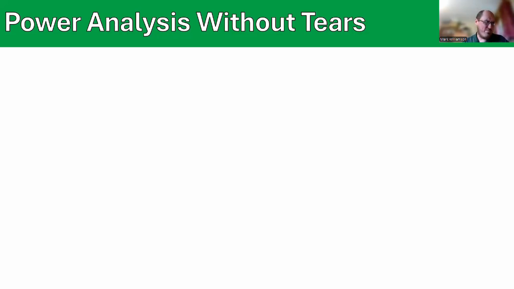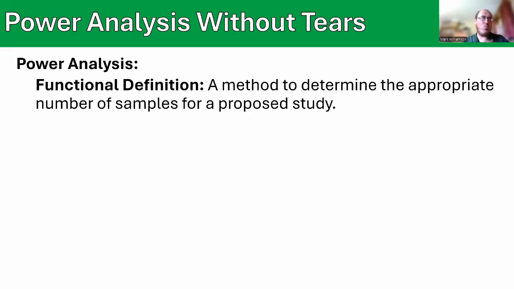So it's good to start with what is power analysis, a bit of a definition. A good functional definition that works for what most people actually want to get out of it, I would describe as being a method to determine the appropriate number of samples for a proposed study. So it's getting sample size, whether that's rats, human patients, cell cultures, ecological plots, whatever.